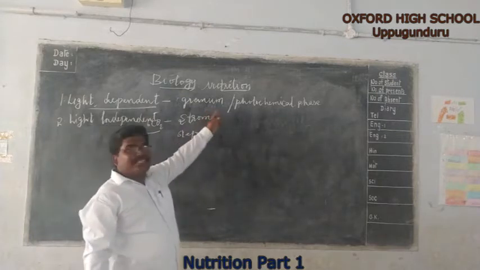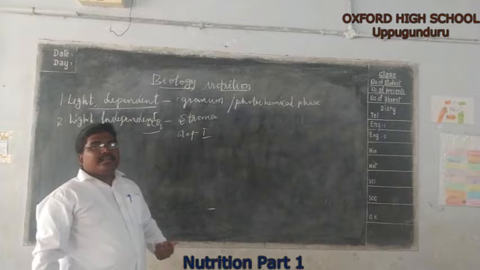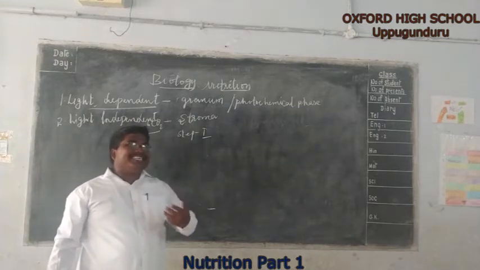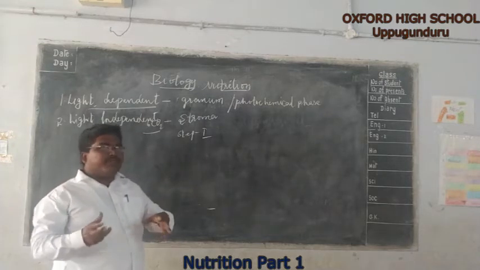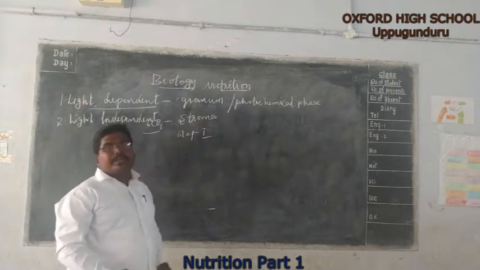The reactions which require light are called light-dependent reactions. They take place in a very quick succession initiated by light, a chain of reactions happening rapidly, so this is also called the photochemical phase.